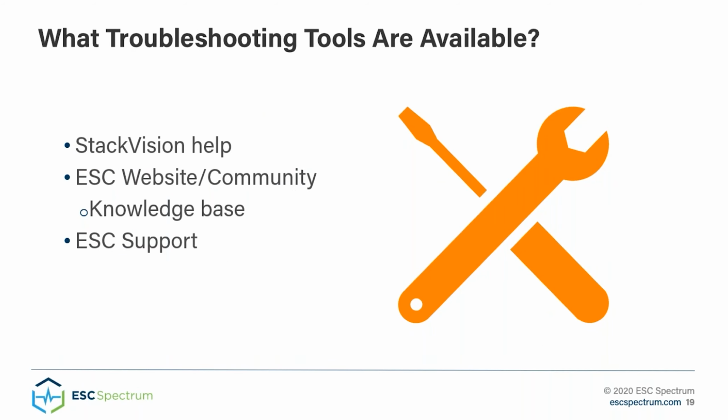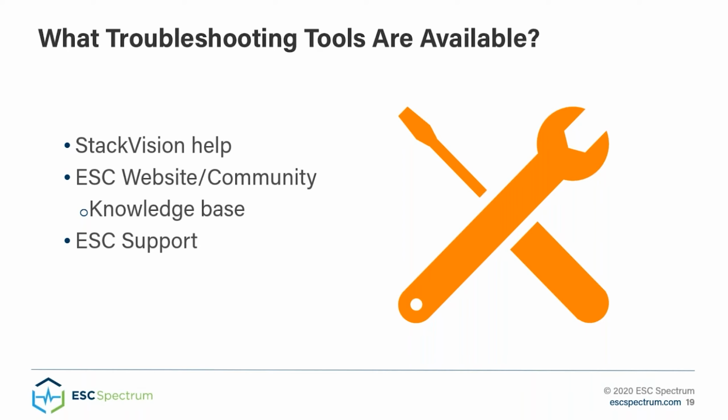Moving on, this ties right in: what troubleshooting tools are available, especially for a question like that. There's the StackVision help in StackVision, very useful, tons of information. They keep that up to date with new features when you upgrade StackVision, and it has a great search engine, so you can type in anything you might have a question on, and it has lots of great information.